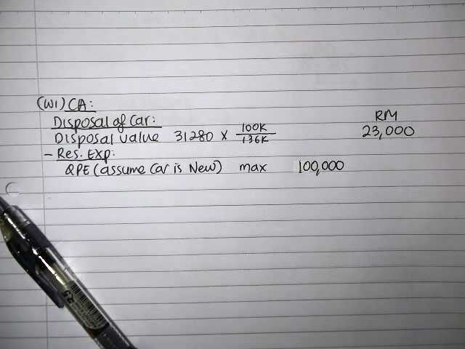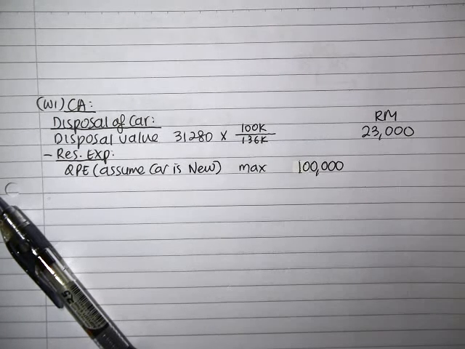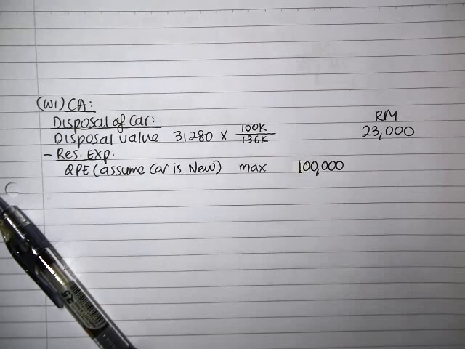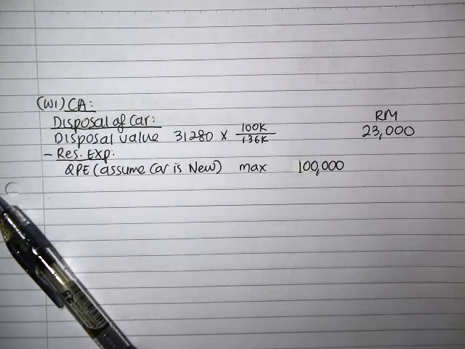Calculate for me the RE. That means you will have to show how much allowances you're going to claim, or how much allowances you're going to deduct, then you get the RE. Calculate for me the RE.